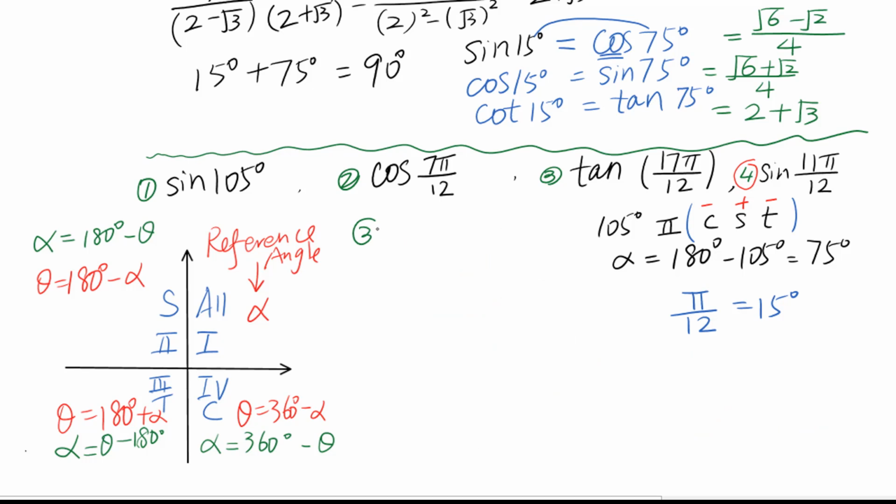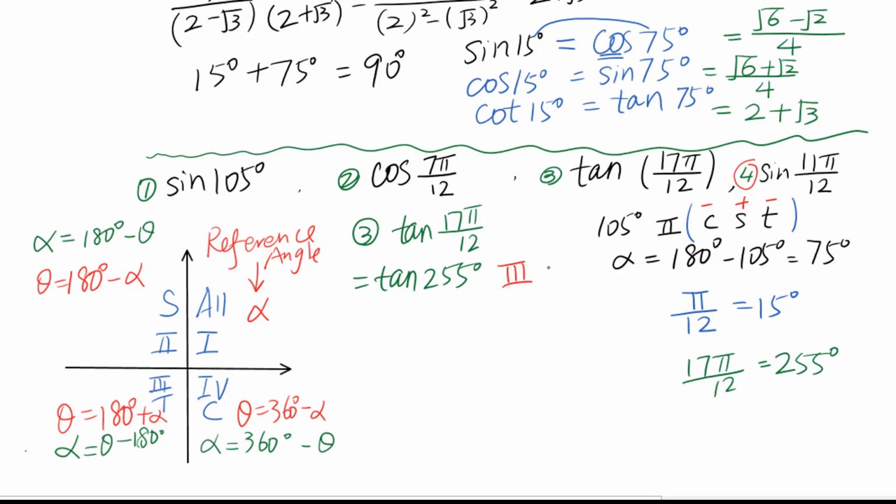Let's go to number 3, tangent 17 pi over 12. So 17 pi over 12 equals 17 times 15 equals 255 degree. So we can write down tangent 255 degree. Go to third quadrant, say ASTC. Negative, negative, here is a positive.